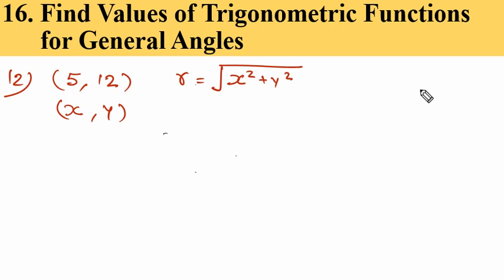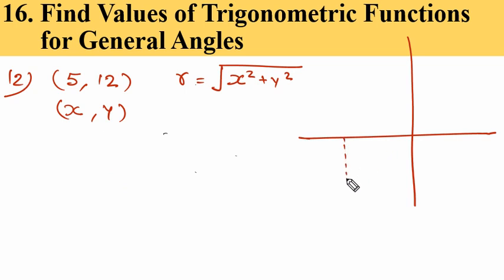Now I will tell you just quickly how to solve it. For example, if you have x and y in such a way that this is your point x comma y, then r will be the distance from the center, and there we will have angle theta.